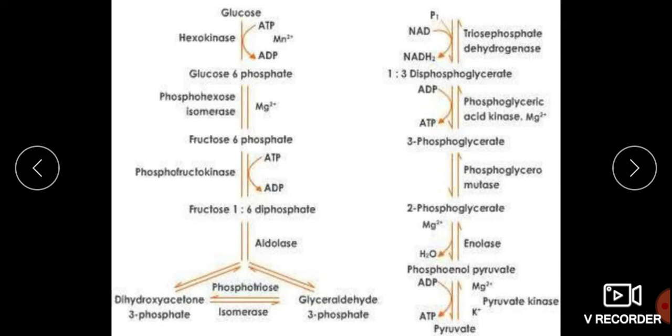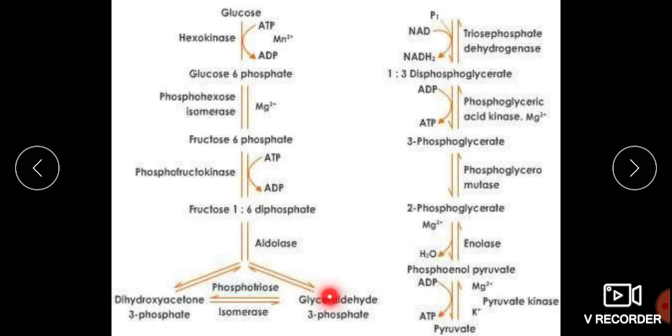These two compounds, glyceraldehyde 3 phosphate and dihydroxyacetone phosphate, are interconvertible, and they can be interconverted with the help of phosphotriose isomerase.